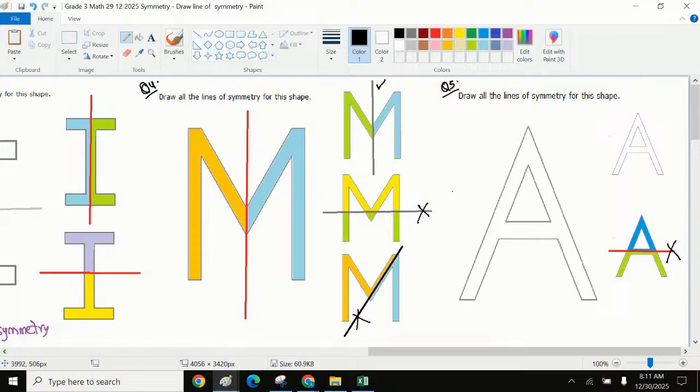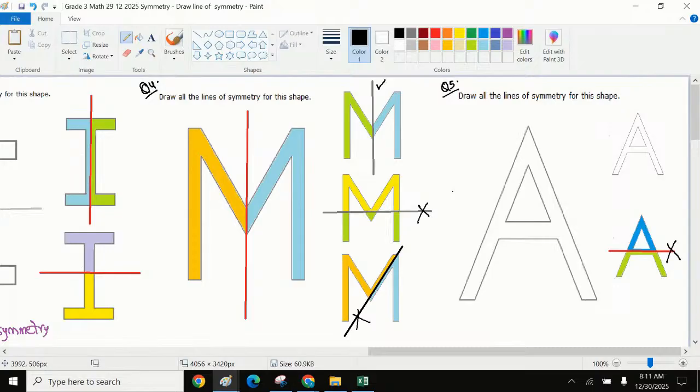When you're standing in front of a mirror, the mirror will be the line of symmetry because your image is formed in the mirror. If you're standing 1 foot away from the mirror, then your image inside the mirror is also 1 foot away. If you take 1 step back, now you're at 2 feet, and your image is also at 2 feet. The center point is always the line of symmetry.